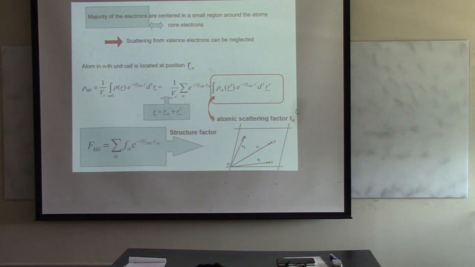So then what is the intensity of the scattered light? Square of this one, right? Just remember, I is simply proportional to rho_G squared. So because this is a function of this f_alpha, we call this function F, and since it depends on G, we call it F_HKL.